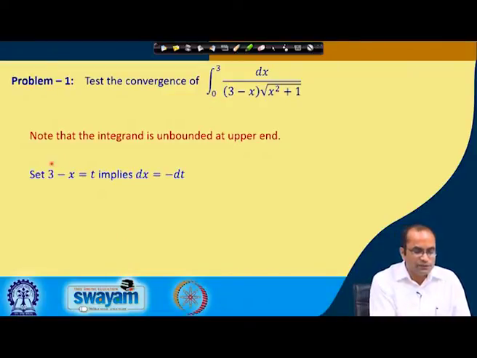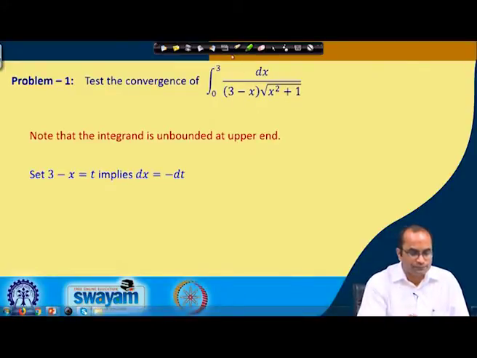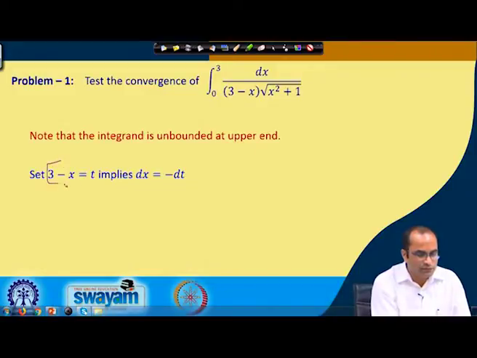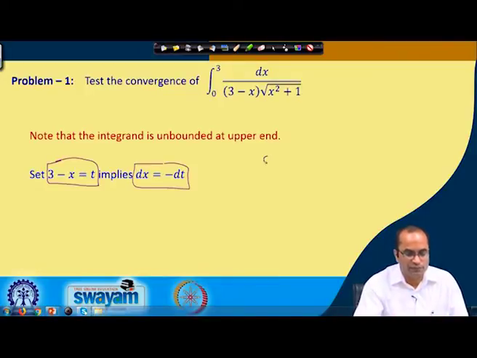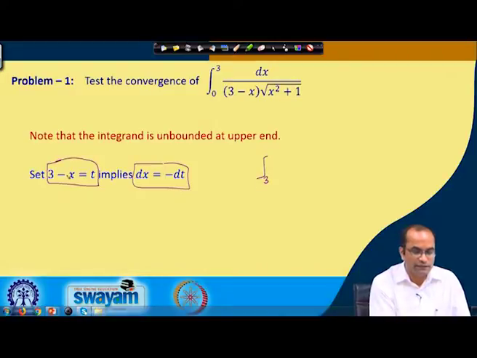So, substituting 3 minus x equal to t, that implies dx is equal to minus dt, and our integral will become: when x was 0, t is 3, and when x is 3, t is 0, with this dt with a minus sign.